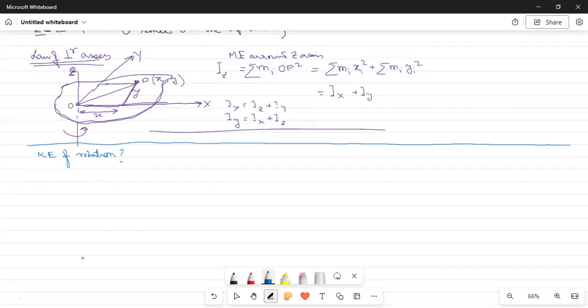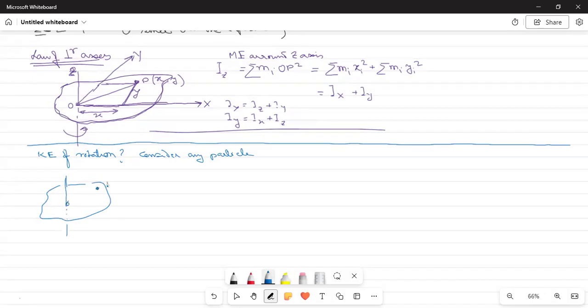Now, consider any particle which is rotating. It is like this. Say once again, there is an axis and there is a body which is rotating around this axis.